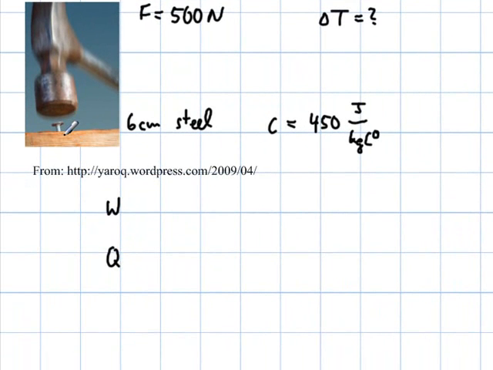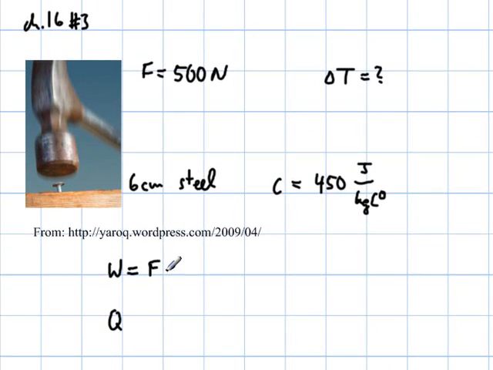So I work the nail in there, and then when I'm done, that energy is gone. Well, it's heat, of course. The work I can define as the force that I exert times the distance, and the heat I can define as the specific heat capacity times the mass times the change in temperature.